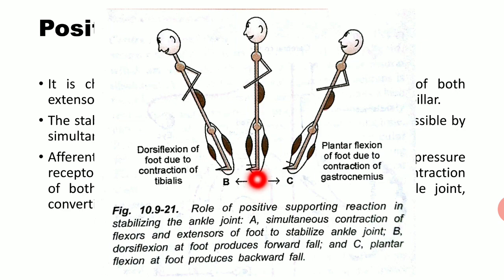What happened here? There is stabilization of the ankle joint. How? By simultaneous contraction of both the flexor group as well as the extensor group of muscles. So it is known as positive supporting reaction, and due to this we are able to stand on the floor.